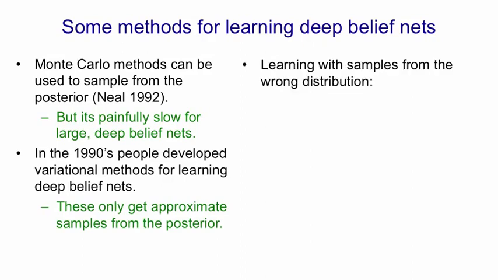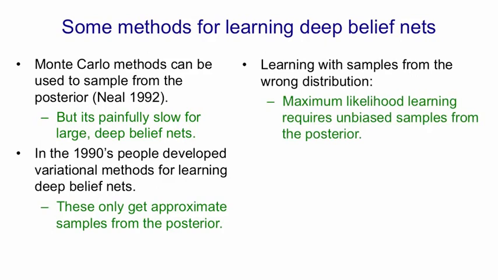Now, as we saw before, if we have samples from the posterior, maximum likelihood learning is simple. If we have samples from some other distribution, we could still use the maximum likelihood learning rule, but it's not clear what will happen.